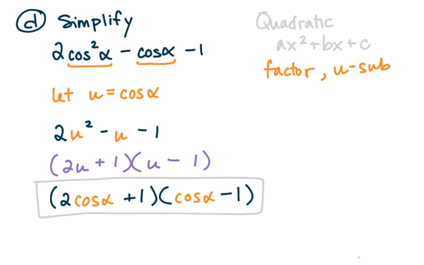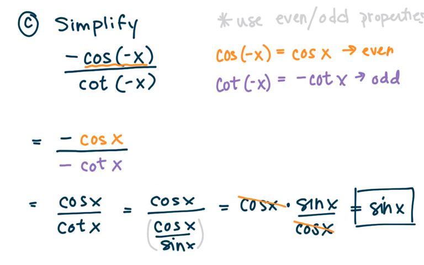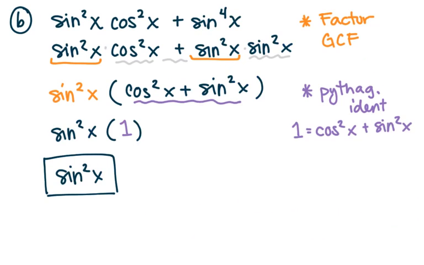All right, so this was a strategy: we factored using that AC method, being able to factor a traditional quadratic, and we used U substitution. So we know how to factor quadratic trig expressions. We know how to apply even and odd trig identities.